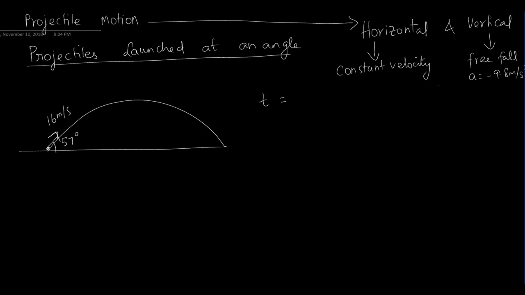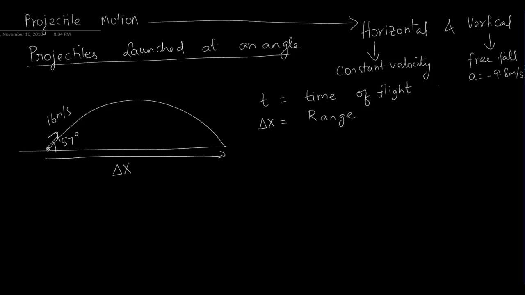T represents the time of flight, or the total time it stays in the air. The horizontal distance, delta x, we know this horizontal displacement is also referred to as the range of the projectile.